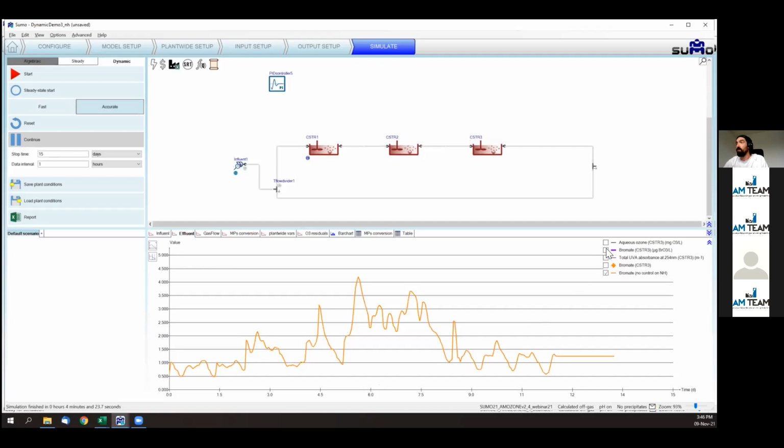And that will result, as you can see from this purple line, in a shaving off of the peaks that I was talking about before. So in these cases, specifically at 4.5 days and 5.7 days, you can see that the peaks are shaved off just because we optimized the upstream wastewater treatment plant controller to ensure there was just enough ammonia to avoid the peak bromate formation.